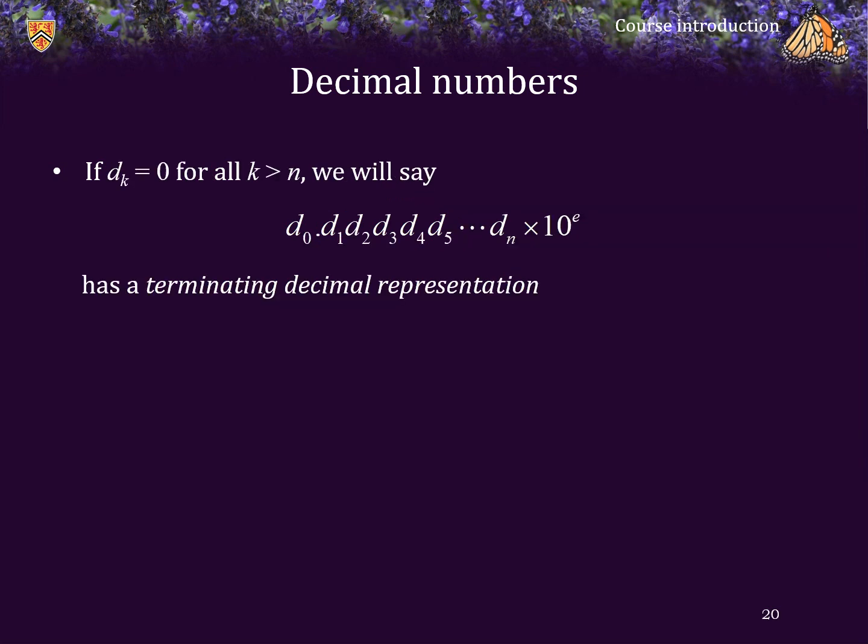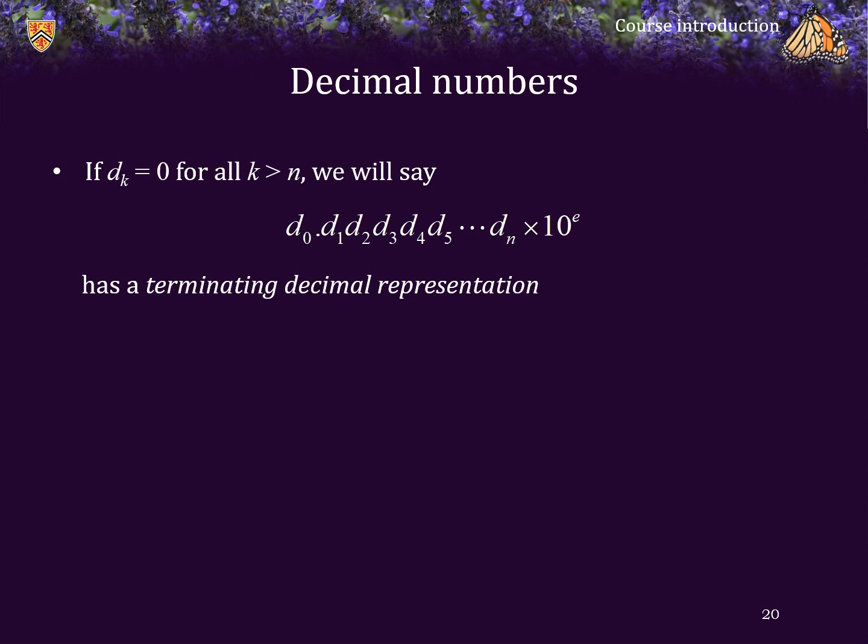Now, if all digits after some integer n are 0, we will say that this decimal representation is a terminating decimal representation. So, for example, pi does not have a terminating decimal representation, and not even all rational numbers have terminating decimal representations.